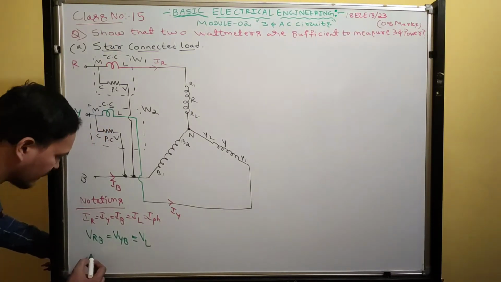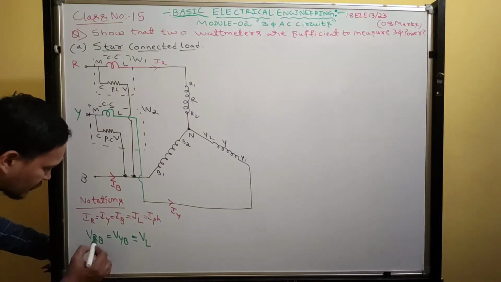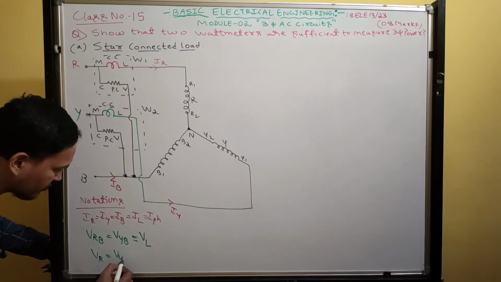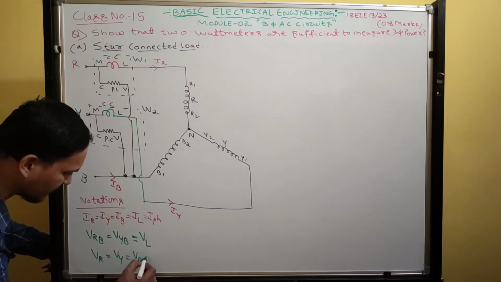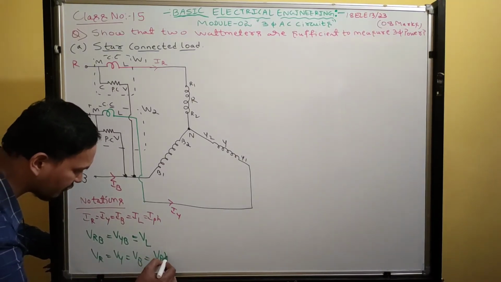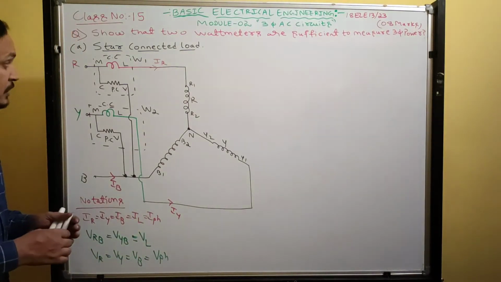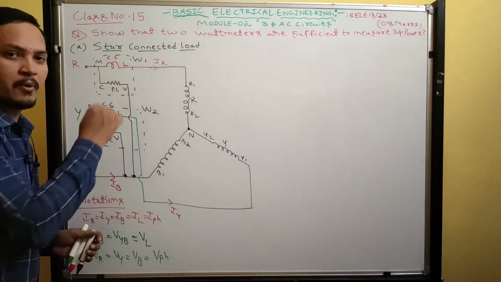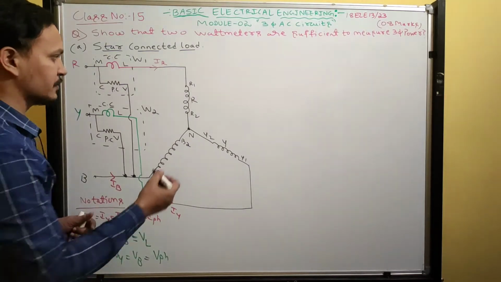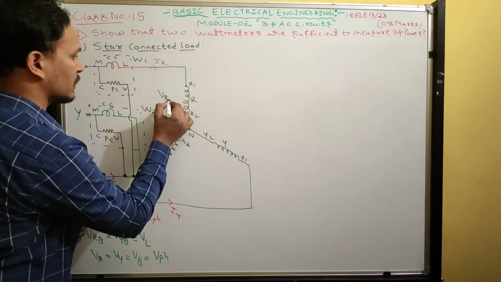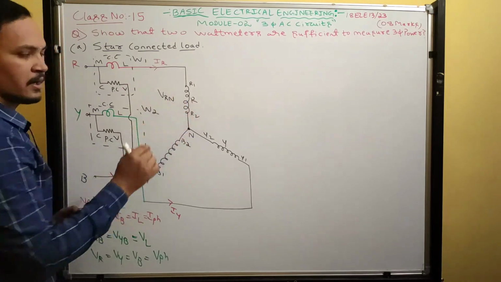Then what about phase voltage? The phase voltages are VR, VY and VB. What do you mean by phase voltage? The voltage measured from line to neutral point is called phase voltage. So the phase voltage in the R phase is VRN.